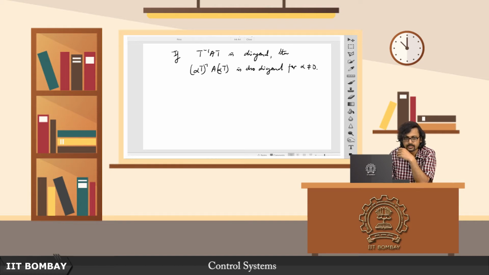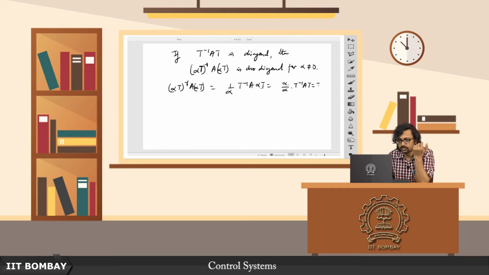This is also true, right? It is trivial. If you take a scalar multiple of that similarity transformation matrix, even that will diagonalize your matrix. The reason is obviously that alpha T whole inverse times A times alpha T is equal to nothing but 1 by alpha times T inverse A alpha T, and then you pull out this alpha and 1 by alpha because obviously they are scalars. So alpha by alpha T inverse A T is equal to T inverse A T, so that is also going to give you the diagonal matrix.